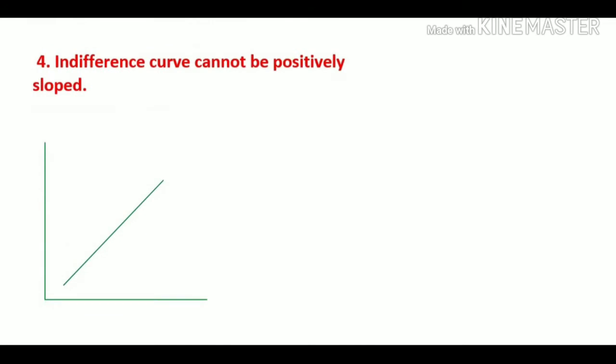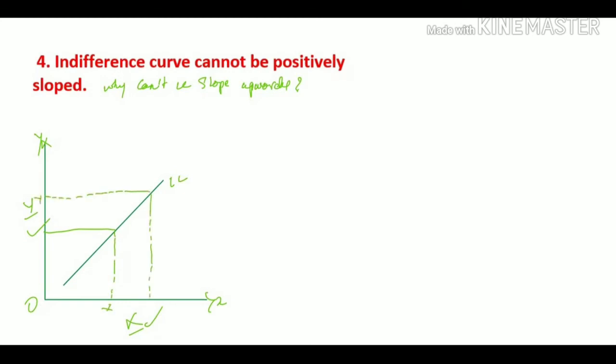So here we can ask one question: why can an indifference curve not slope upwards? It indicates that the consumer prefers more units of both X and Y, which is not feasible in indifference curve analysis. In this diagram, the consumer is getting more units of both commodities X and Y. This is a violation of the assumptions of indifference curve analysis.